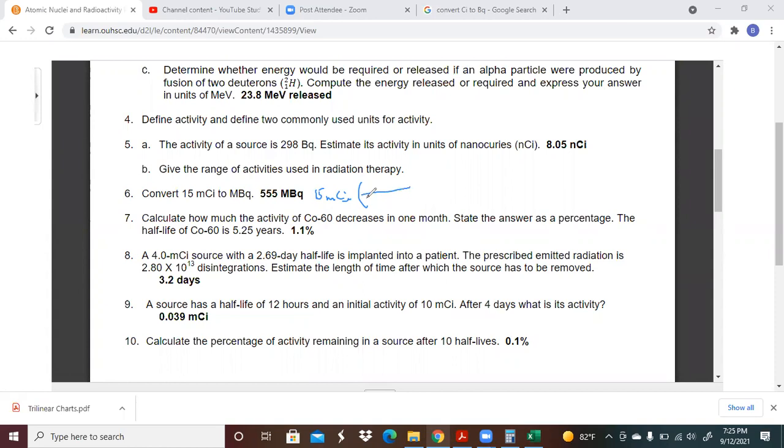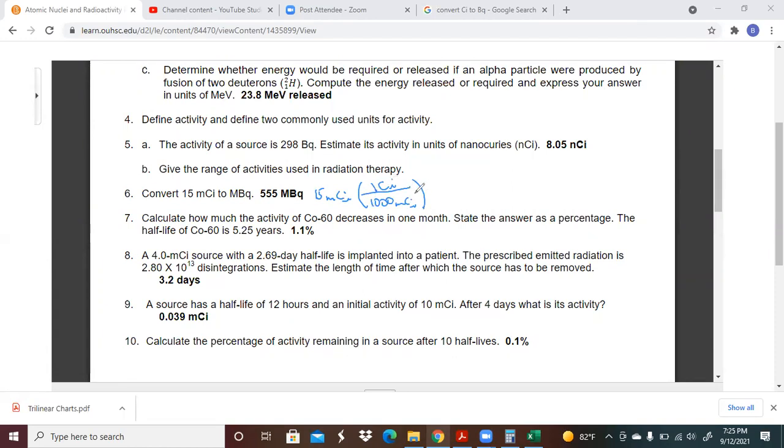So how many millicurie do we have in 1 curie? Well, we should have 1,000. We cut something into 1,000 pieces. That's what milli stands for. So this should be what we end up with.